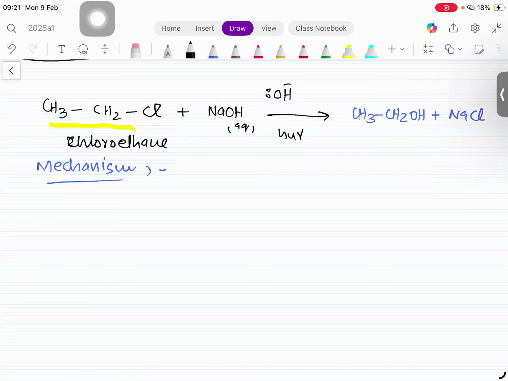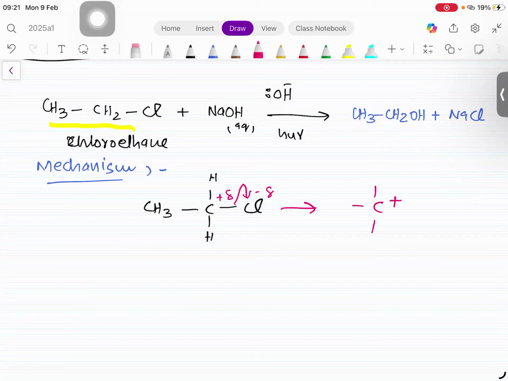Okay. Now, if you look at this, please pay attention. It is like this. Let's say it's following the same mechanism. You are not supposed to write this. Please stop writing. Let's say it's following the same mechanism as before. In the first step, Cl leaves. Heterolytic fission takes place. What is the product formed? Carbocation. Please do not write this.